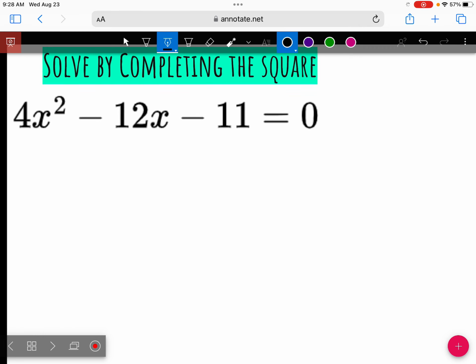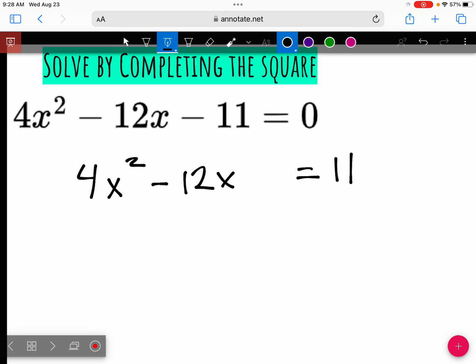4x squared minus 12x minus 11. First thing I'm going to do is boot that 11 out. 4x squared minus 12x equals 11. While 4 is a perfect square, I still would recommend doing it like a GCF.